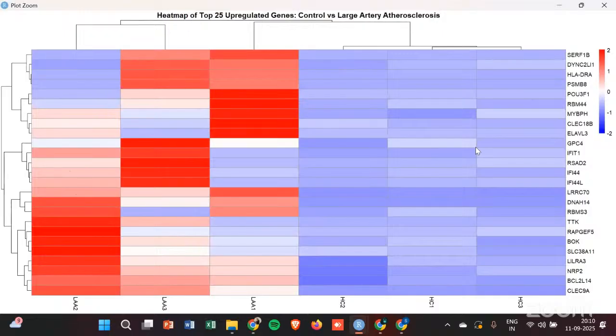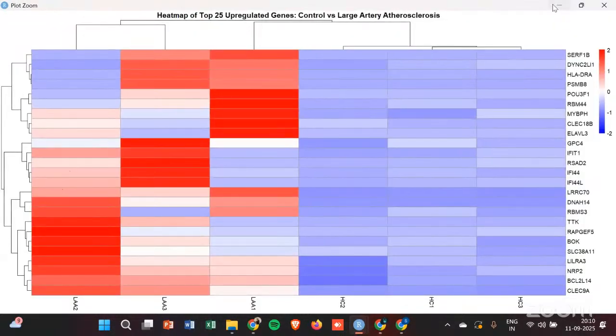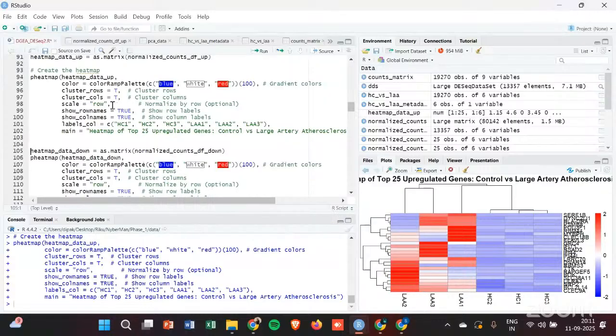Yes, exactly. Let me explain why I'm saying that these would be downregulated, or why you are actually seeing minus values for these. If you were to plot the absolute values of the normalized counts, you would probably not see that. But when we plot a heat map, we do a z-score normalization.